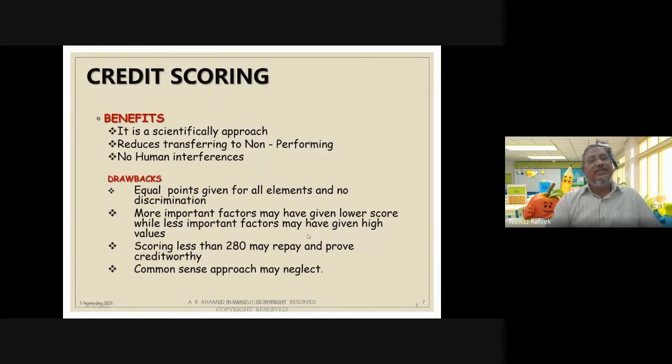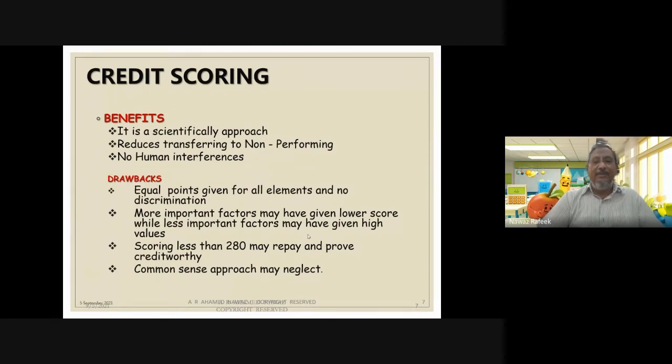The benefit is that it is a scientific approach. The company has developed this in a scientific background. It reduces transfer to non-performing. One of the benefits is that if you analyze scores carefully, it will reduce NPA levels.